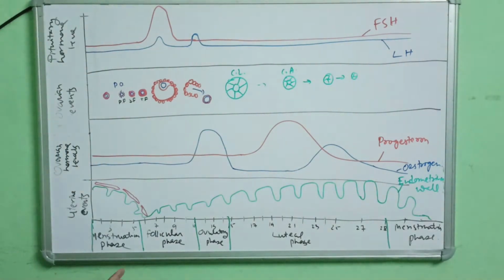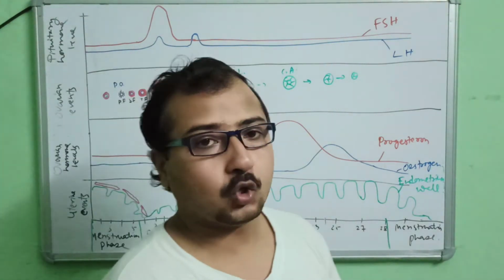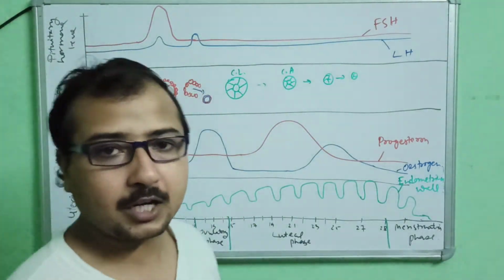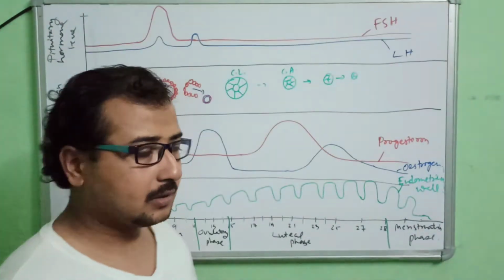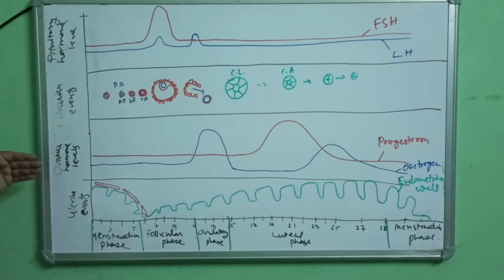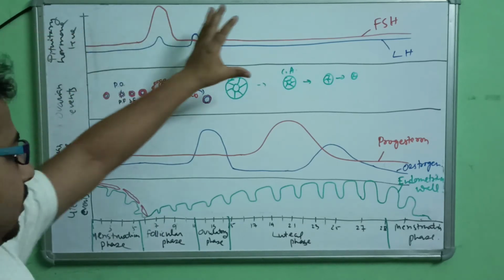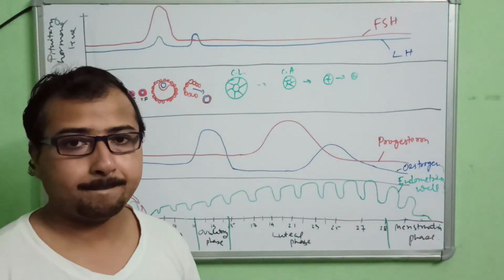I hope you understood this graph. Go through this part again and again, so that it becomes very clear to you. According to the phases, the events, the levels, the function of hormones, the events in the uterus and the ovary, the ovarian hormone level and the pituitary hormone level, are all graphed and represented here according to the stage.